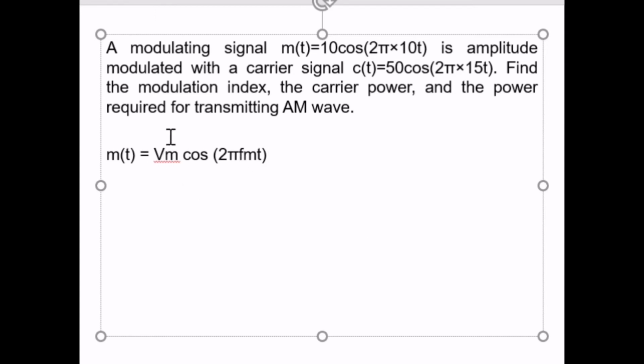So Vm is the voltage of the modulating signal. Fm is the frequency of the modulating signal. So from here we know that we can find Vm.